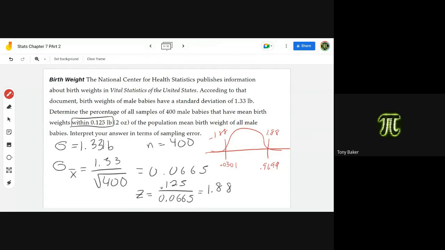Remember, I'm looking for the middle, right? So what do I have to do? Subtract. So I got 93.98%.